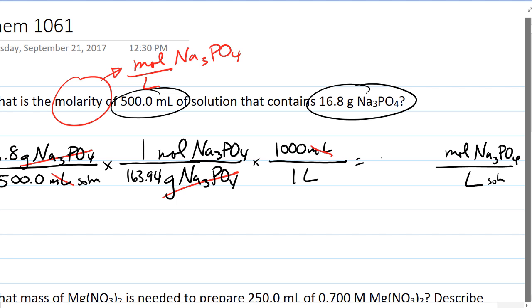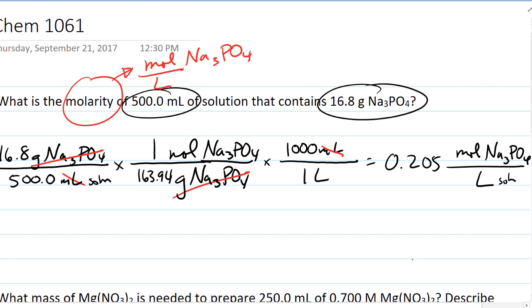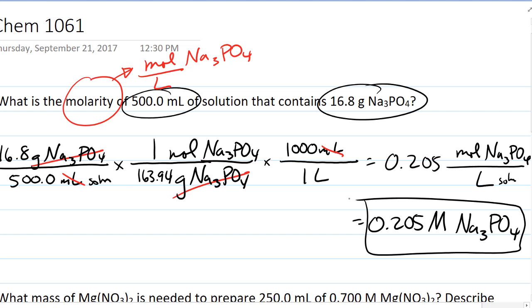So drawing this out to 0.205. And of course that's moles over liters, which means we would rewrite this as 0.205 M, which we call molar, Na3PO4. Any questions on this one here?